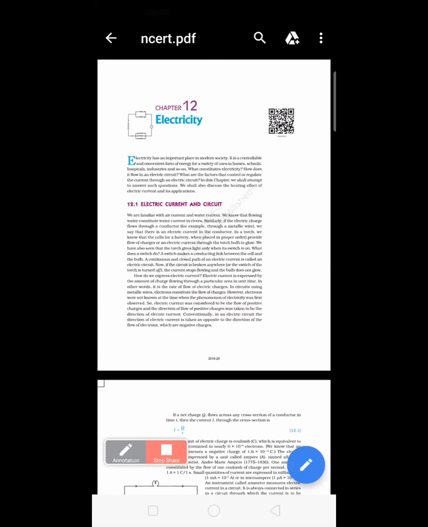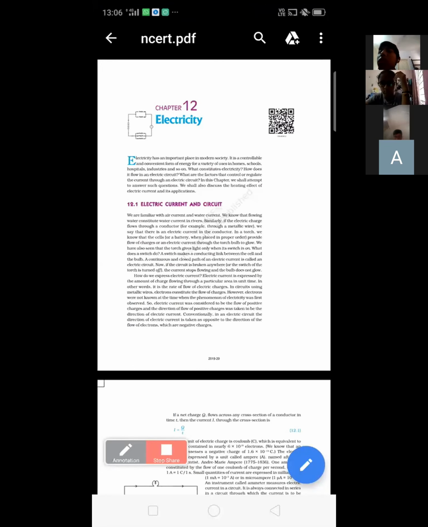Now can I ask, sir? Yes, ask. So this is the series circuit right now. We have three resistors, each with resistance 1 by 2, 0.5.